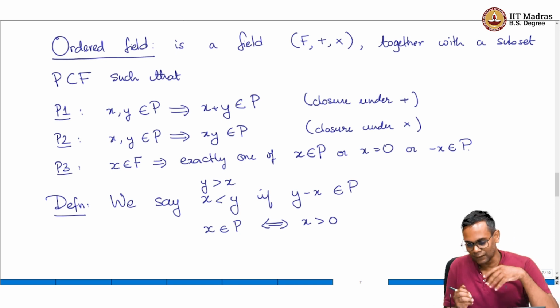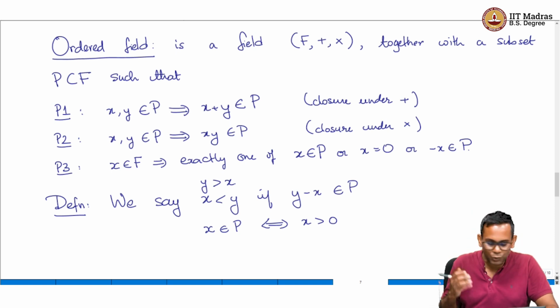And so, this is just an axiomatization of the usual notion of positivity and order that we have on rational numbers.